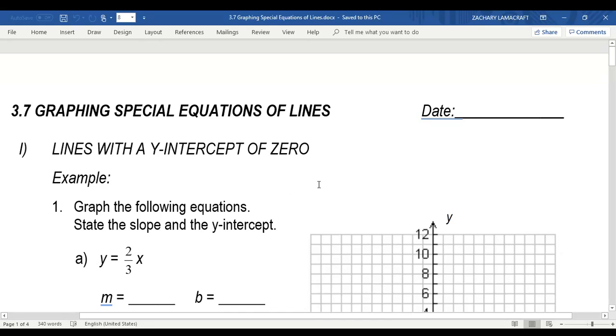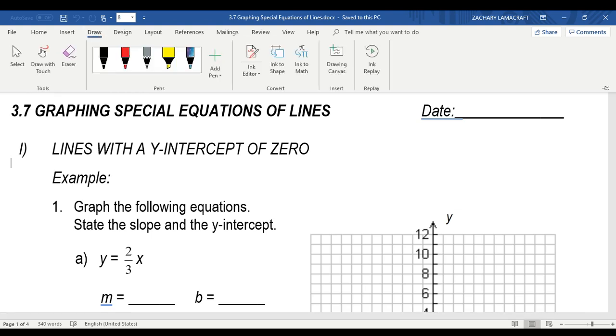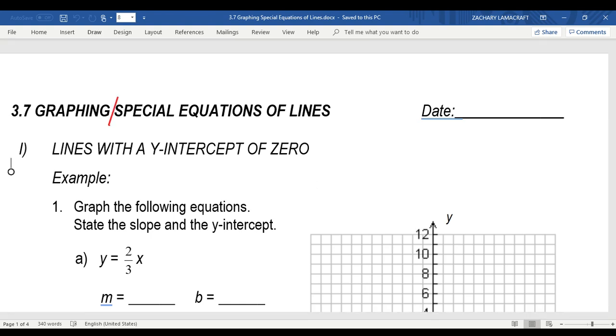Okay, so 3.7, we're basically going to be doing the same thing as 3.6 in graphing different lines, but these are what we would consider special equations, okay? So special equations of lines, and you're going to figure out what we mean by that.